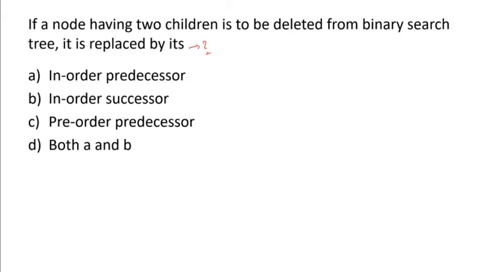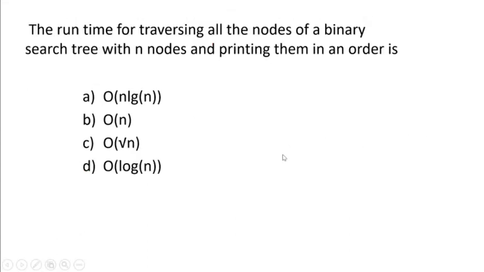So the answer for this one is in order predecessor and in order successor. You can do either, right? So you can say both A and B. You can replace the node to be deleted with its in order predecessor or in order successor. Okay, both A and B, right?